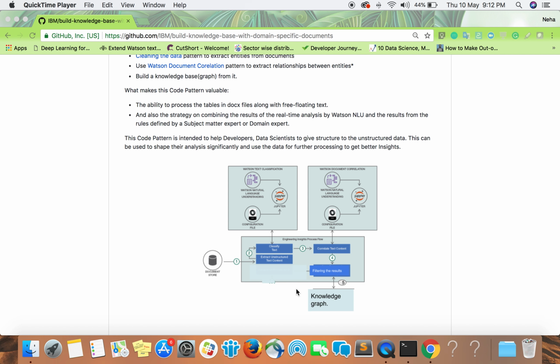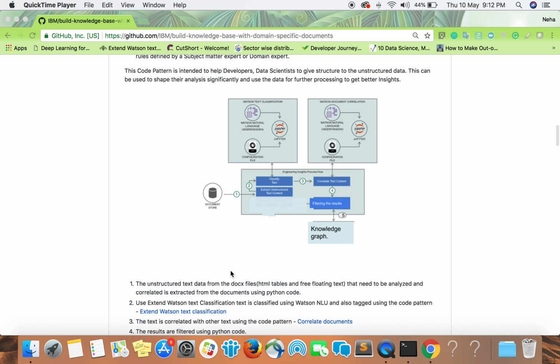This is the high level architecture diagram of the code pattern. The unstructured text from the doc files, the free floating text and the text information present in the HTML table, both of which need to be analyzed and correlated, are extracted from the documents using Python code using Python Mammoth.